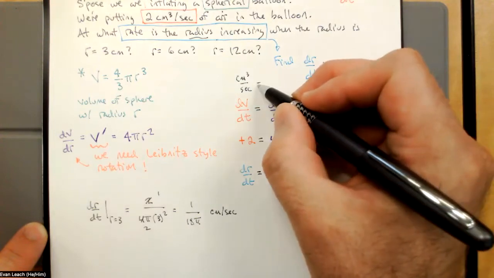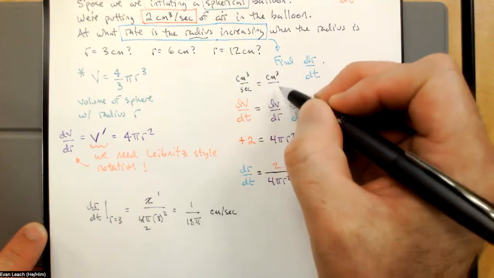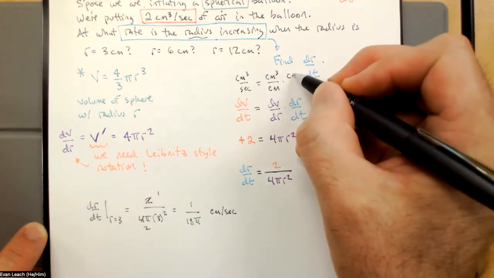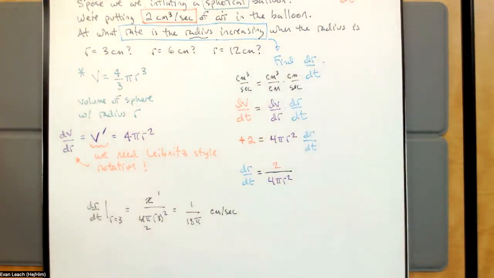So this is going to be centimeters cubed, that's the units of V, divided by the units of r, which are centimeters. And dr/dt should be centimeters per second. So those centimeters in the middle cancel out, and both sides have cubic centimeters per second. So it all works out.